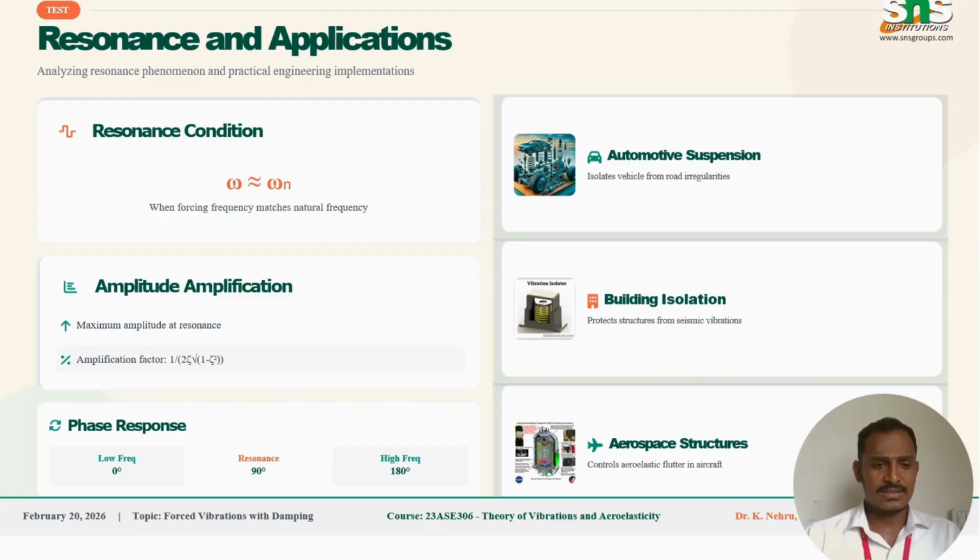The phase angle also changes with frequency: at lower frequency it is 0 degrees, at resonance it is 90 degrees, whereas at higher frequency it approaches 180 degrees. Understanding this helps in vibration control in automotive suspensions, building isolation, and aerospace structures.